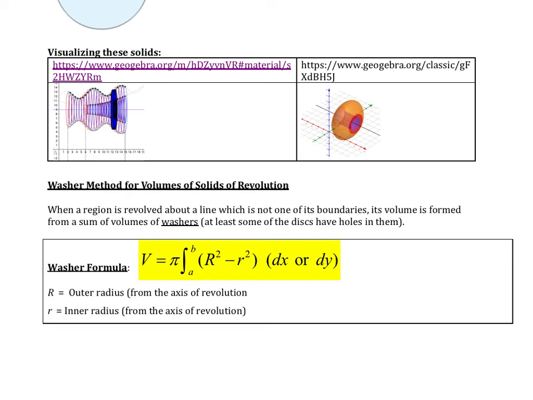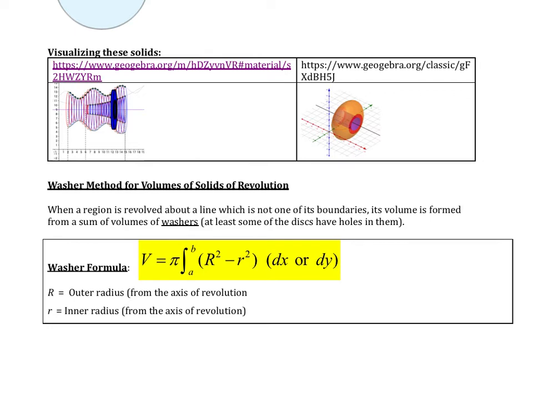When this region is revolved around a line that is not one of the boundaries, its volume is formed with the sum of all the washers. Some of them will have holes in them, and that's why we have to use the washer method. If there is any distance between the functions and what we're rotating about, we will need to use the washer method.